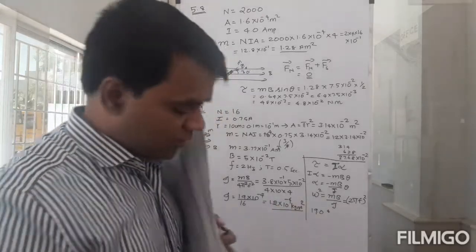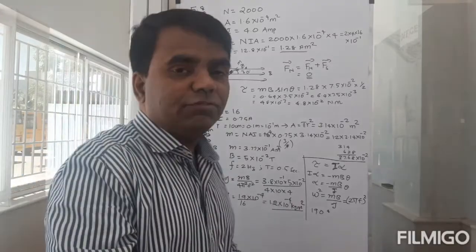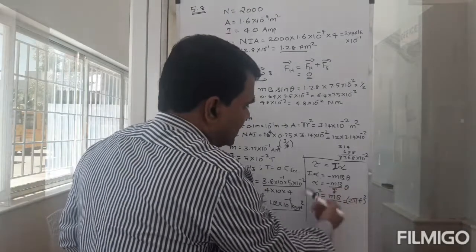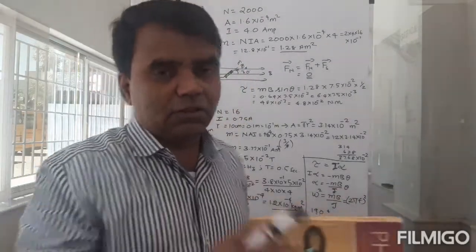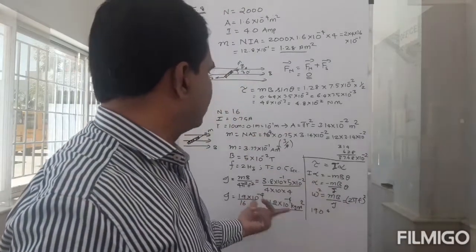That's the answer to this question. This is how we find the moment of inertia of the coil. That comes from here. You already did this in the class elaborately. I have just summarized it here, and when you do it, this is the answer you get.